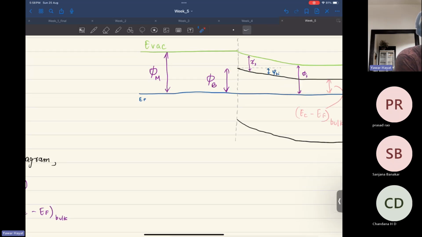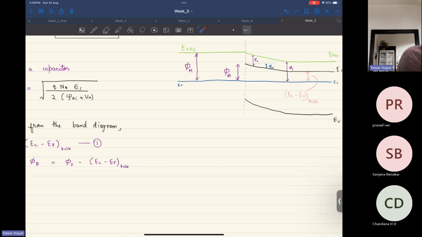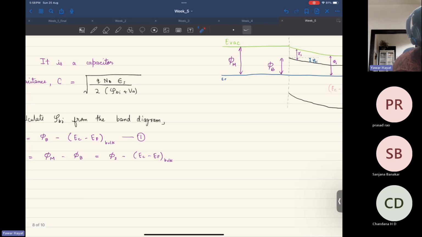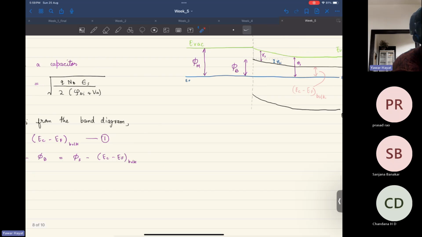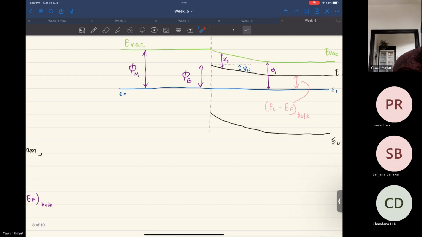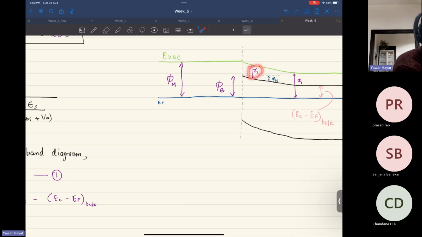Now what is chi-s, right? This electron affinity can be written as... this chi-s is same here as well, right? This is chi-s.